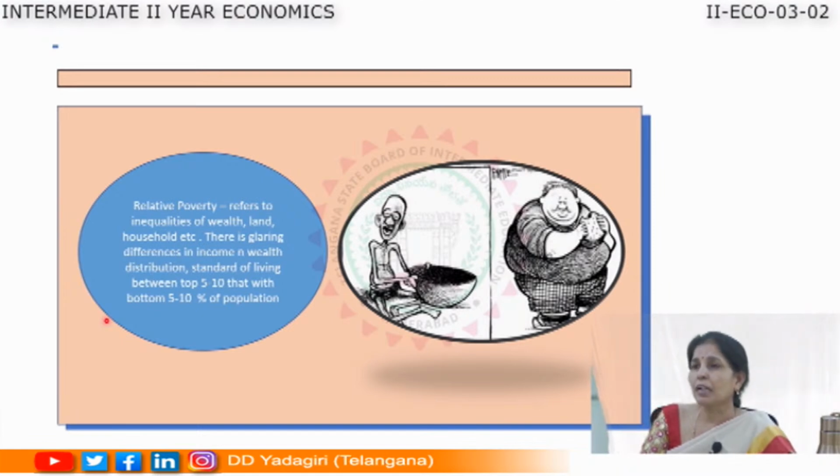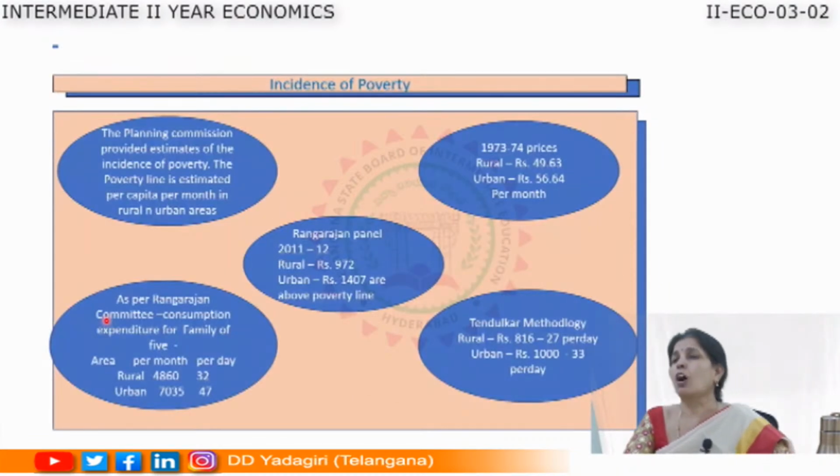The next one we have is incidence of poverty. Now this has been analyzed. The Planning Commission has estimated the incidence of poverty based on the consumption per person per month, both in rural areas as well as in urban areas.